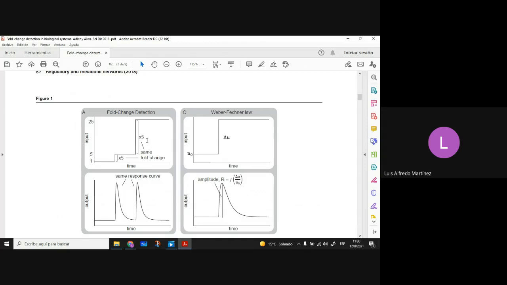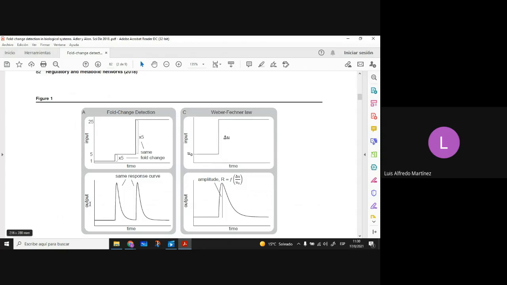In this case, if one system satisfies this relationship, we can say that system is FCD, fold change detection.